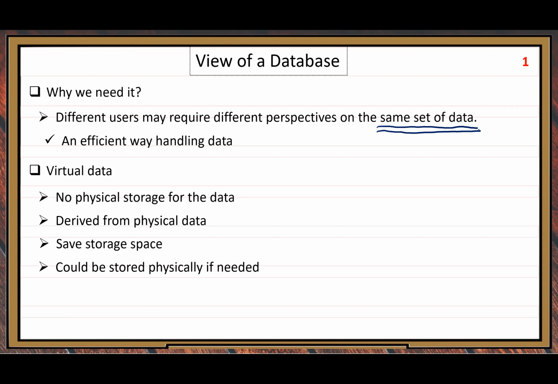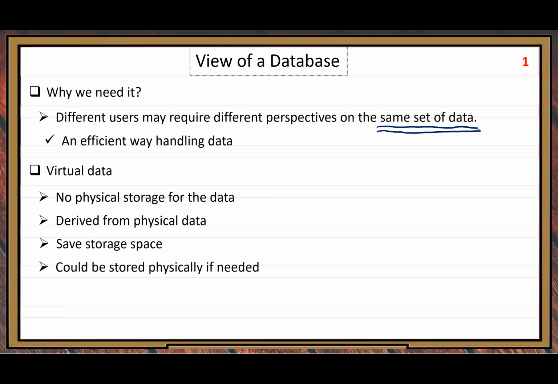Views could be stored physically if needed. You have that option. Although in general, we do not need to store virtual data, because we want to save space. But think about if some special views are extremely important.